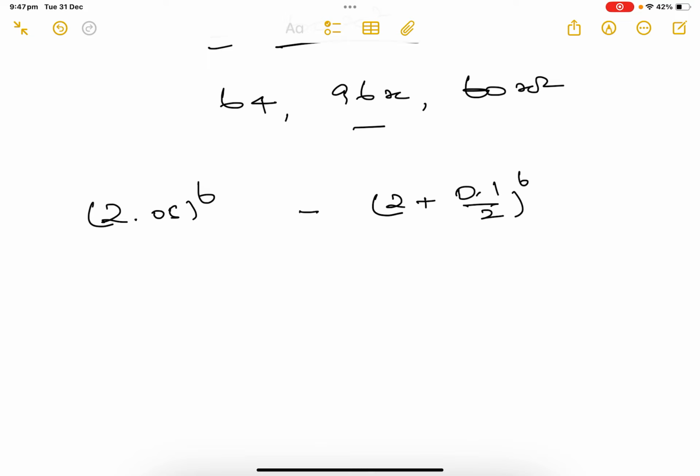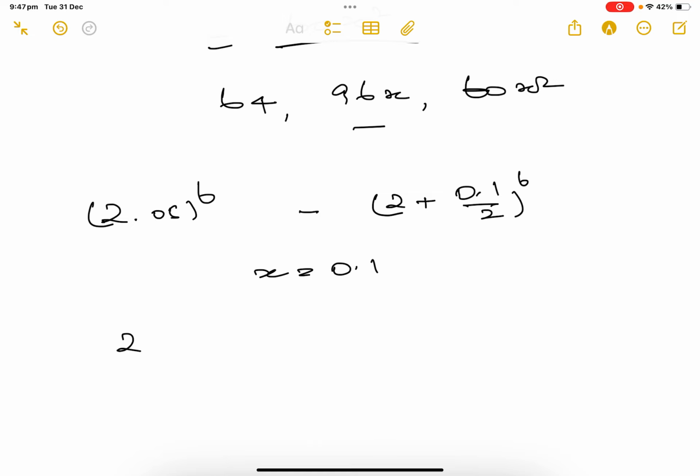So if you compare part 1 to this one, x equals 0.1. Now, they ask you to estimate the value of 2.05 to the power 6, not the exact value. Therefore, the first three terms from part A will be enough to calculate the estimated value of 2.05 to the power 6.